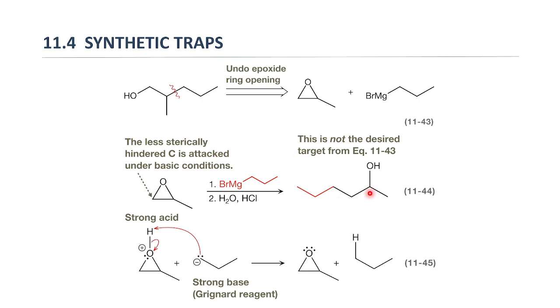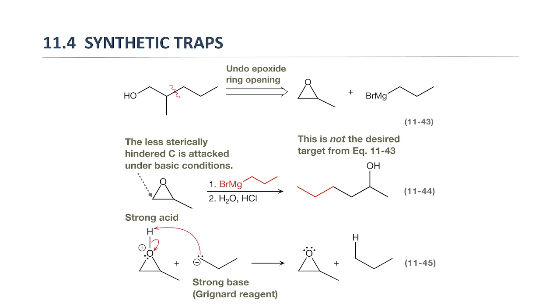And so we would actually try to do this reaction and we would get completely the wrong product, and we'd sit there going, what the hell are we going to do now? However, there is another way we could have done this. What we could have done is use a strong base, which is the Grignard reagent, with a strong acid here. And if we did that, then we would actually get this product, which again is not the product that we were trying to get.